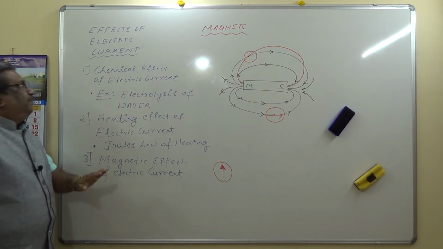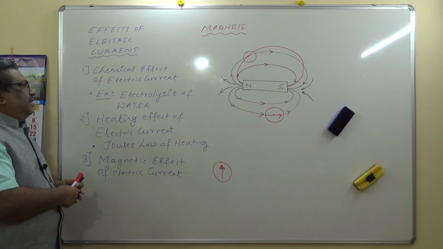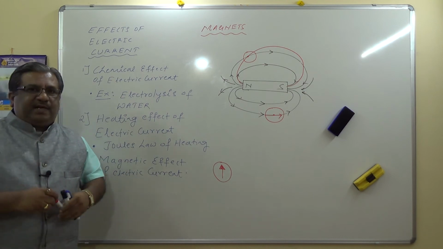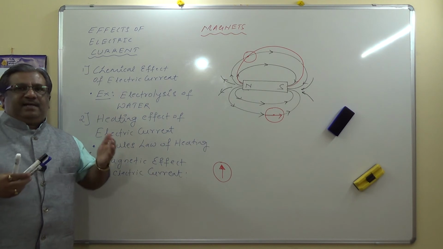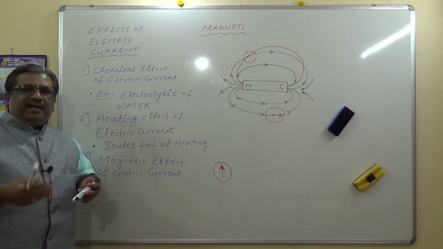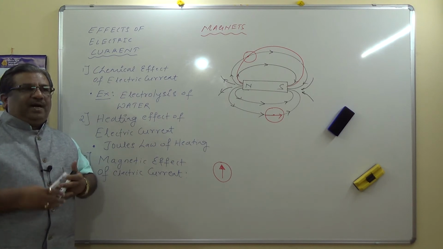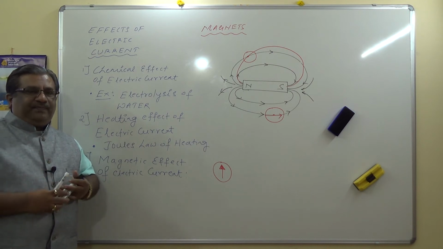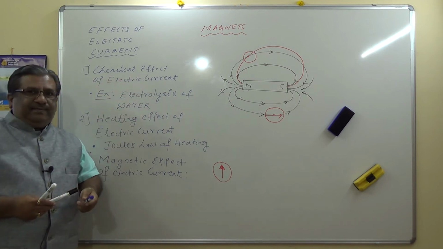Here we will see the effects of electric current. The chemical effect of electric current, which we have studied in electrolysis of water: whenever electric current is passed through acidulated water, a chemical reaction takes place, that is a decomposition reaction, and the water molecule will split into hydrogen and oxygen gas. So there we find the chemical effect of electric current.